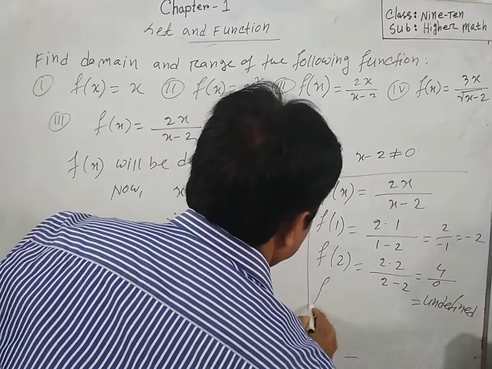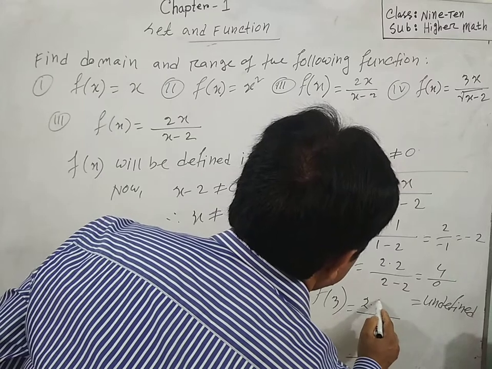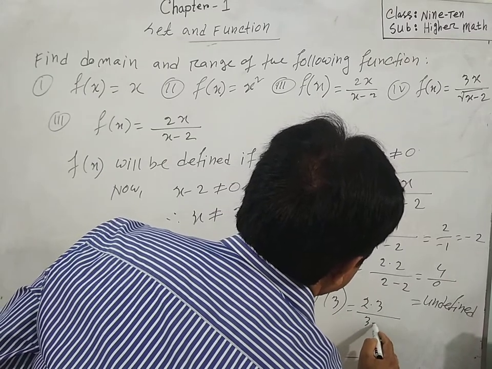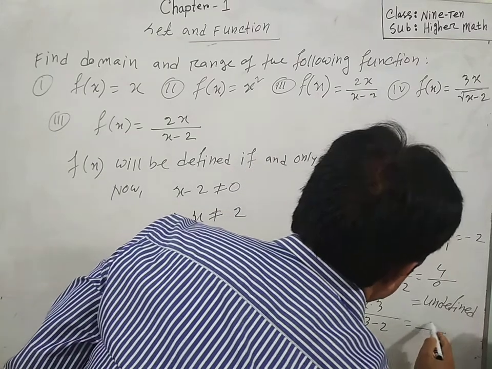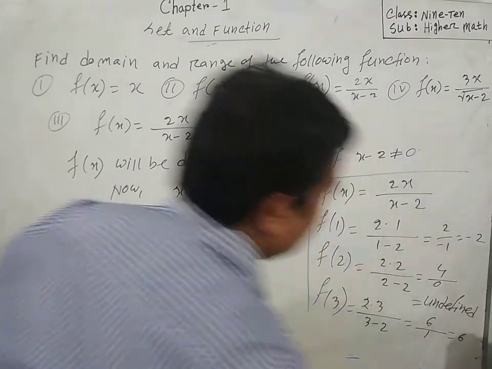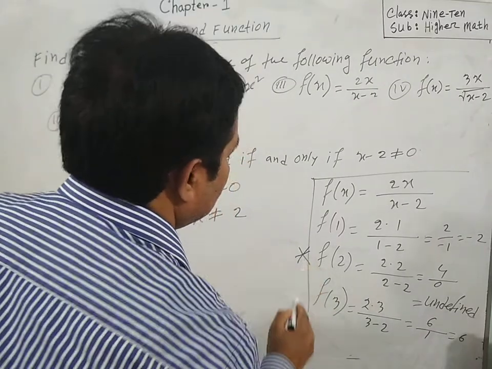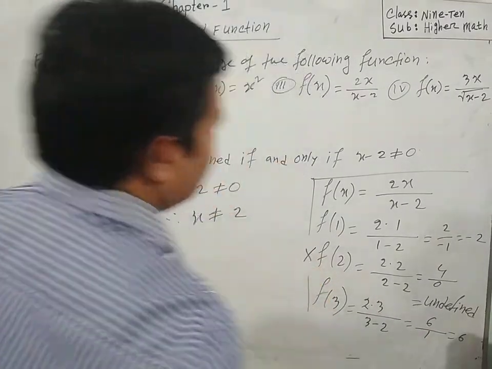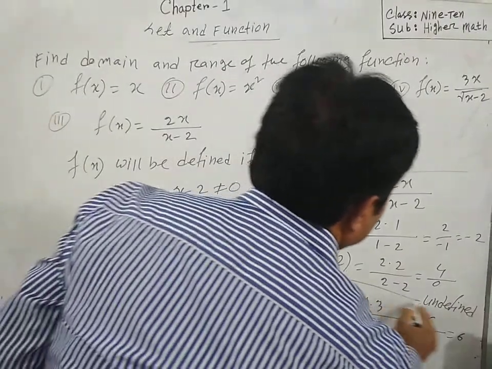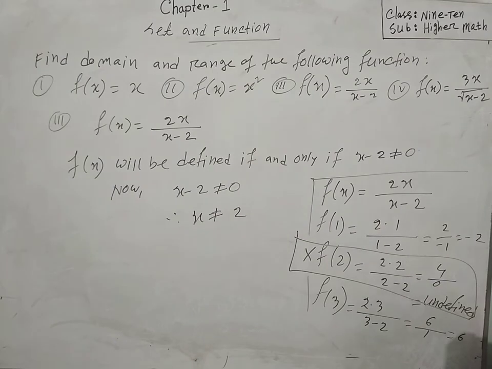Another example, when x equals 3, 2 into 3 is 6, over 3 minus 2, which is 1, equals 6. Except 2, it is not allowed.